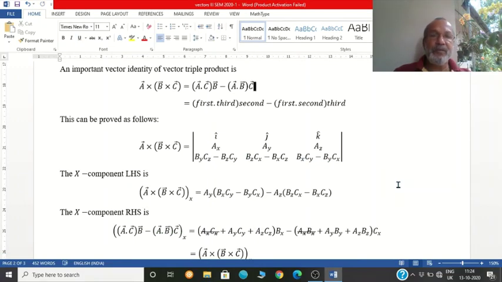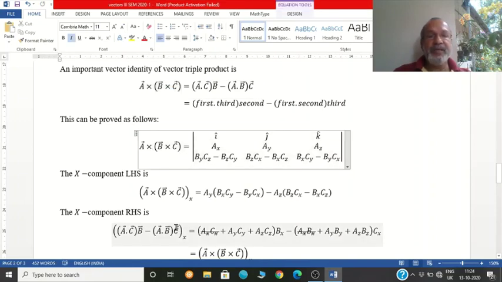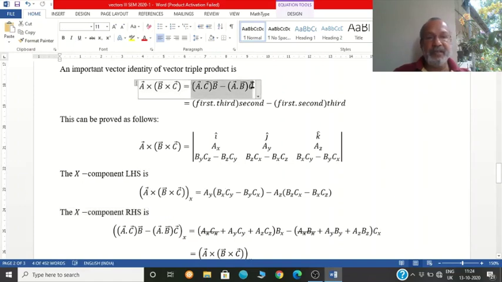Now, what we will do is we will find the X component of LHS, that is this, and show that it is equal to X component of the RHS, that is this. The same calculation will be true for Y and Z components, because all these X, Y, Z components are symmetrical. If one result is true for one component, similar result will be true for other components also.